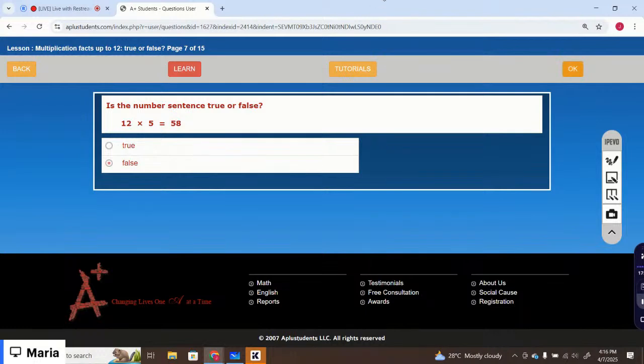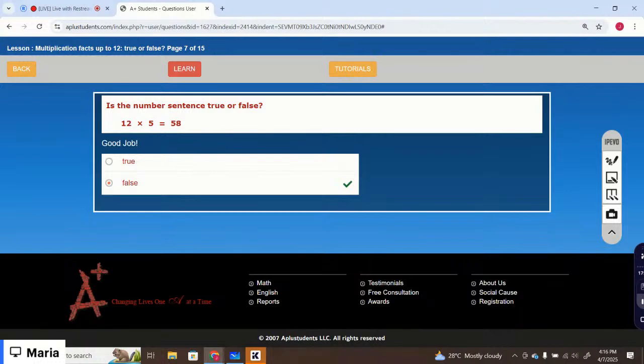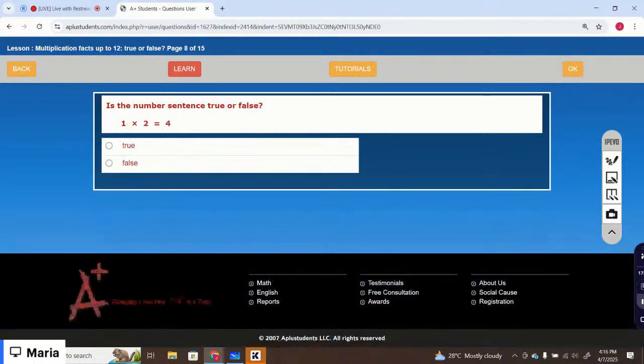False, it is. Option number 2 is the correct option. Is the number sentence true or false? One times two equals four. False, it is. You can complete the lesson by yourself. Let me just move on to the next lesson.